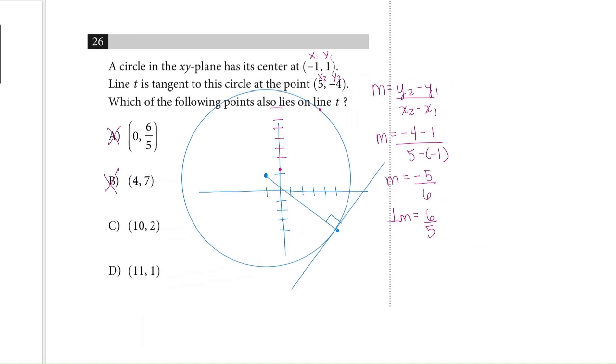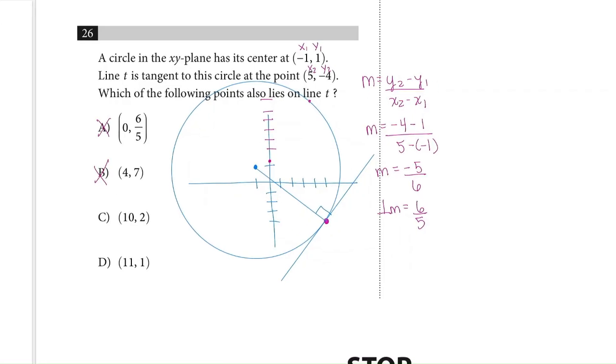Now we know that this point here, 5, -4, is a part of both of our lines. So the way to figure out if this works or not is we can plug this into our y = mx + b form, or we can use this point with the point 5, -4 to see if our slope gets to be 6/5. So let's try it that way.